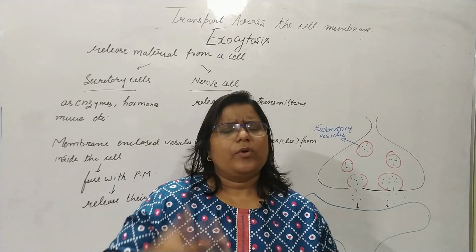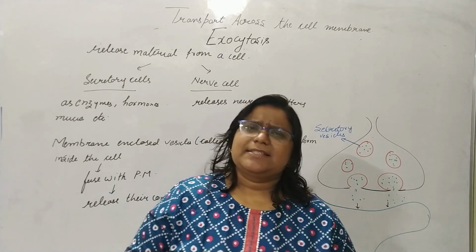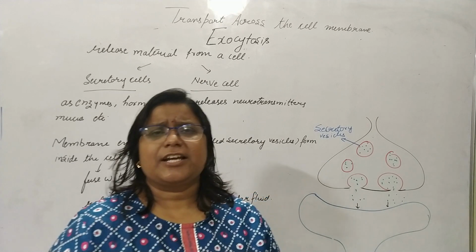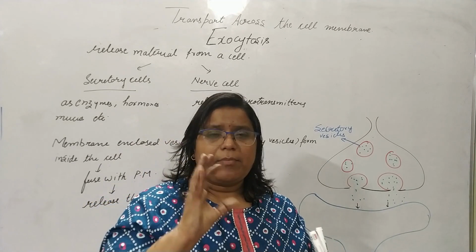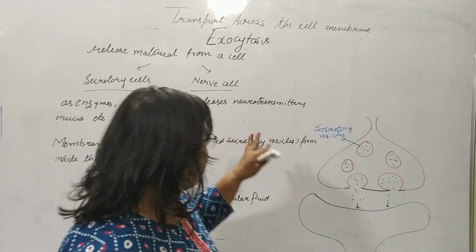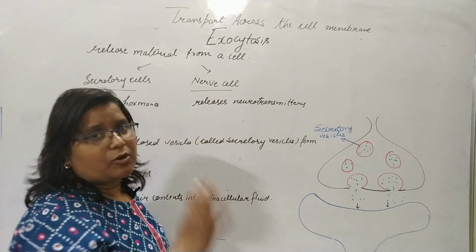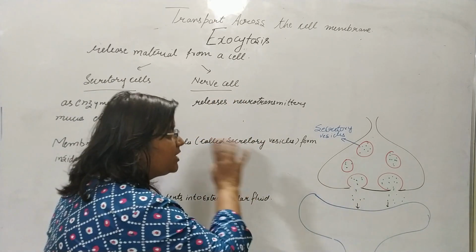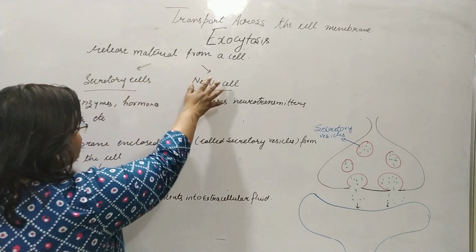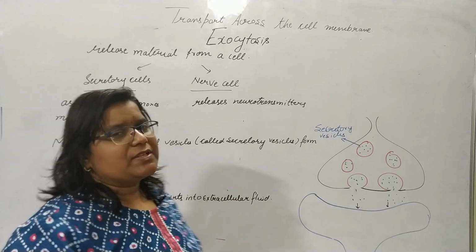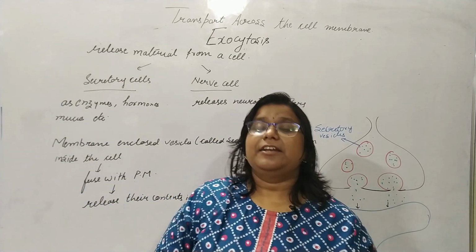So in exocytosis, the cell releases such material by fusion of the vesicles with the cell membrane. For the release of material from a cell, there are generally two types of cells showing exocytosis: secretory cells and nerve cells.